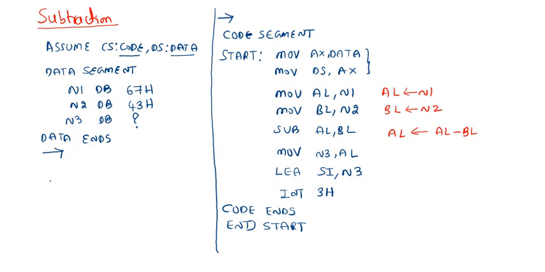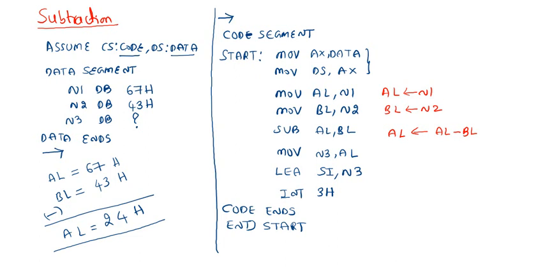So as I said, AL is loaded with N1, that is 67, and BL is loaded with N2, that is 43, all are hexadecimal, and you need to do the subtraction. 7 minus 3 is 4 and 6 minus 4 is 2, 24H, and this 24H will be loaded to AL and without borrow, right?